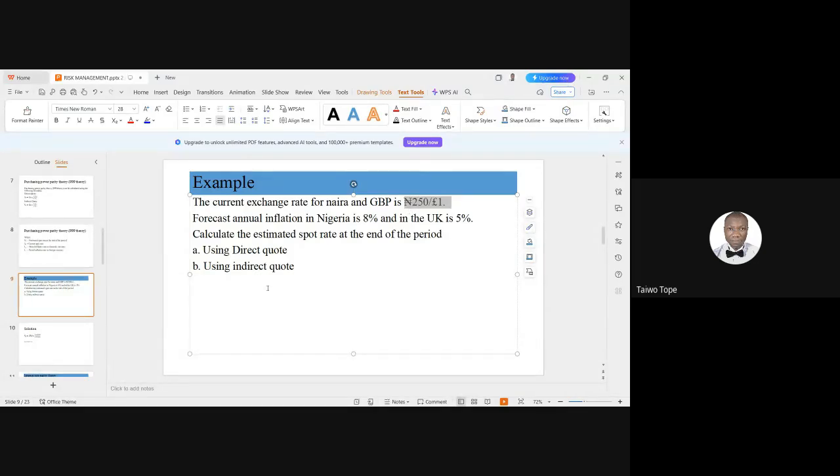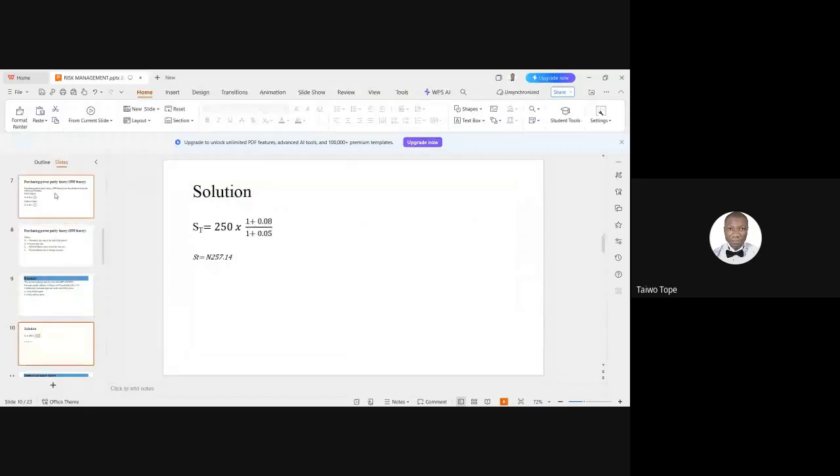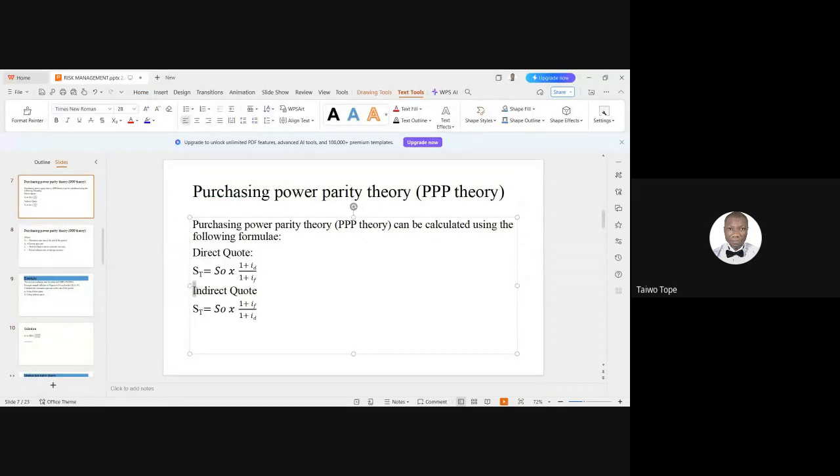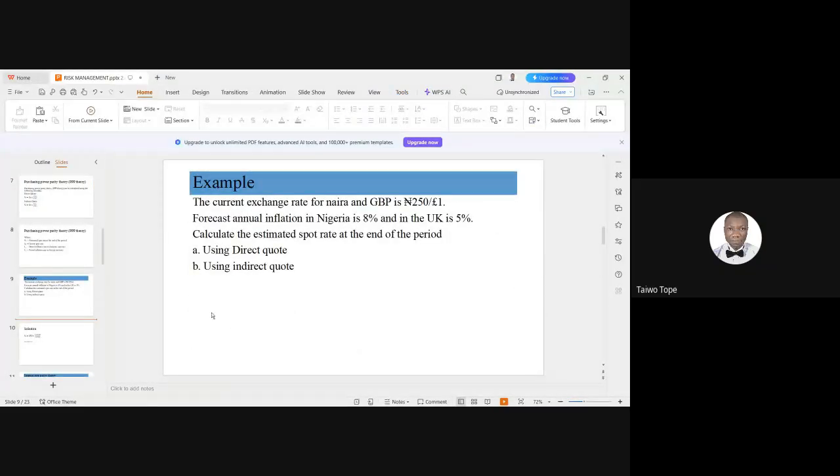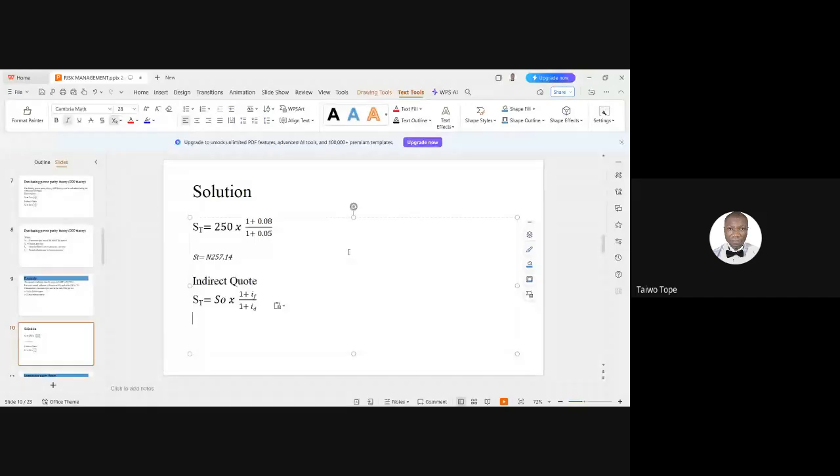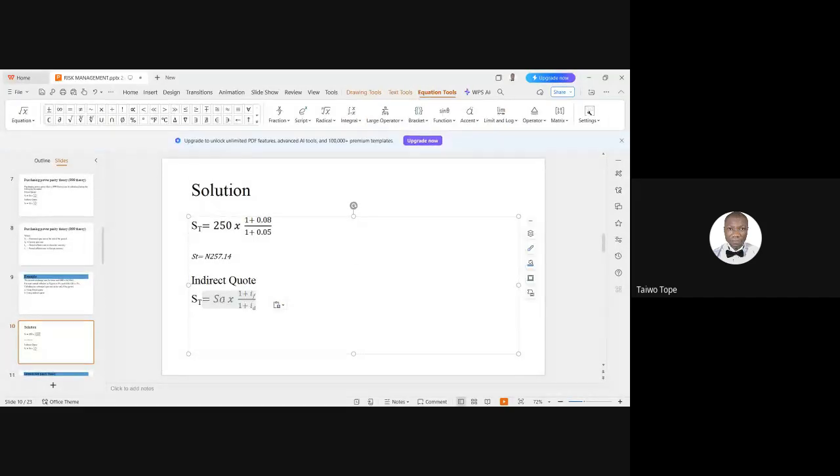So once you substitute that, it is for indirect quotes now. For indirect quotes, we have it as this. So this will be the spot rate, 0.004. Then inflation in relation to the foreign is 0.05. And this will be 0.08.